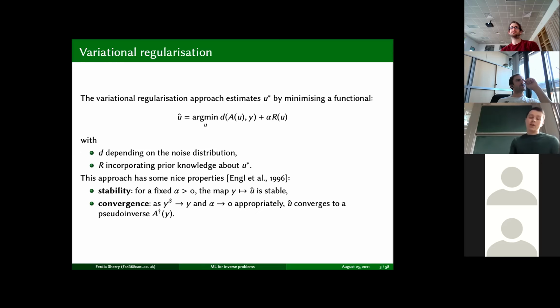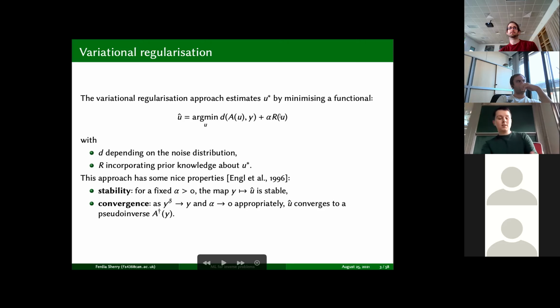In variational regularization, the goal is to estimate our true image by minimizing a trade-off between a data fit and a regularization functional that hopefully encodes useful prior information on the image.